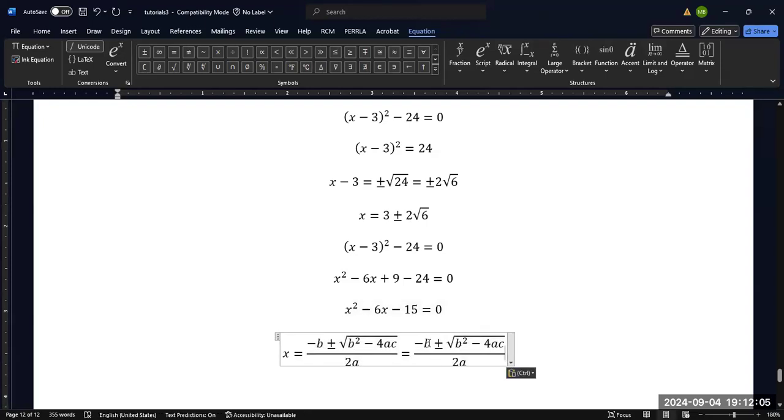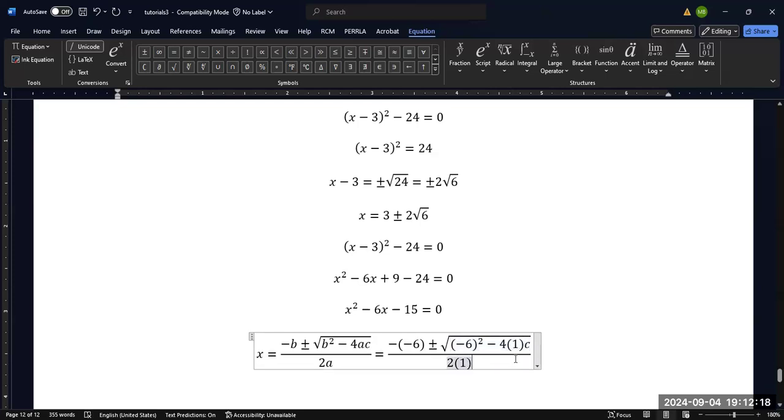Our b is negative 6. We put that in. Our a is 1. And our c is negative 15. Again, remember to take the sign with you.